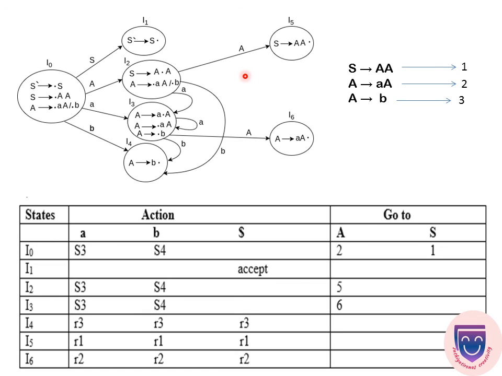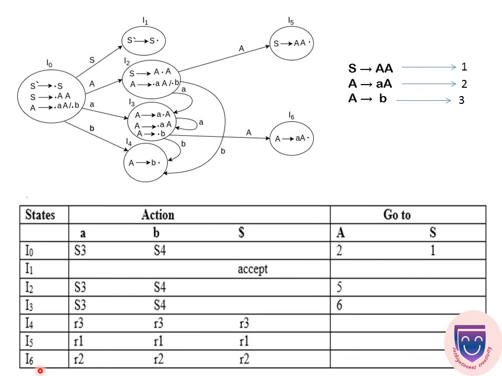Here I5 contains the final item which derives S, that is S tends to AA dot, and that production corresponds to production number 1. So we write it as R1 in the entire row. In I5 we are going to write R1 in the entire row, right?